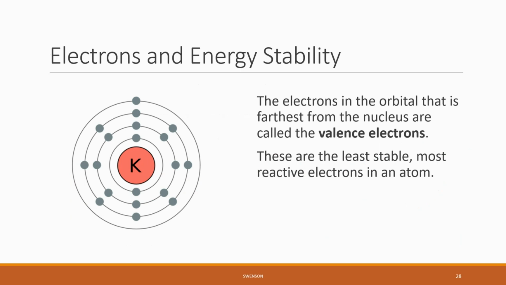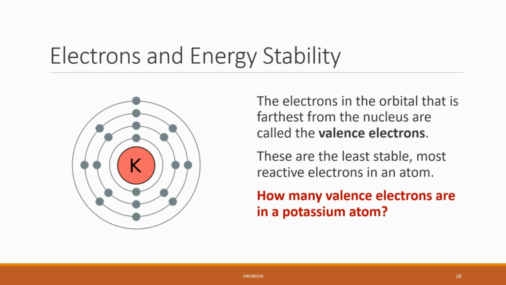The furthest orbital is called the valence, or sometimes the outermost shell. These electrons are the least stable and therefore reactive. How many valence electrons are in a potassium atom? Here we can see potassium represented as K as having one electron in the outermost shell, or valence.